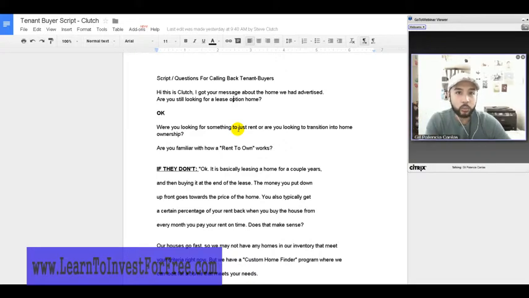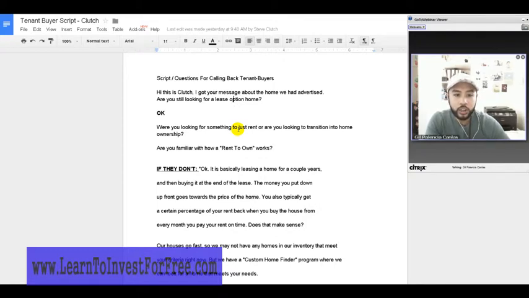Instead, we'll do a deal where they will get placed into a rental property. So we'll put them in the right strategy that fits them. But I like to use home so that I connect and I continue to make clear what the program is about. And it allows the people who are genuinely looking for a home and transitioning into home ownership to really build on that foundation and concept.